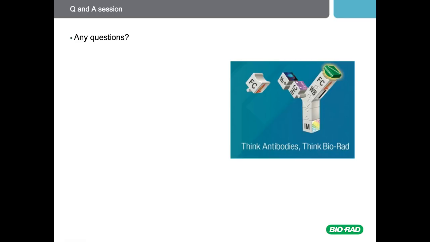Okay, I have one final question, and this is: when is it necessary to do fluorescence minus one controls? Well, fluorescence minus one controls are important when you're using multicolor panels for flow cytometry.